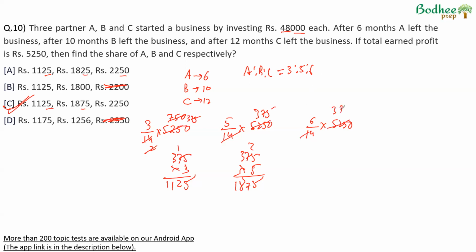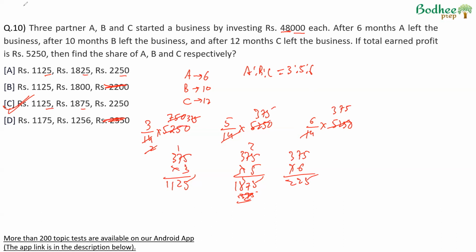And this will be 375. So 375 into 6, which will be just add 375 here, so 2250. Hence the values will be option C.